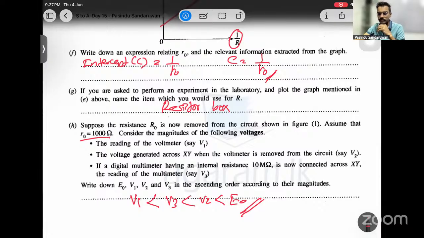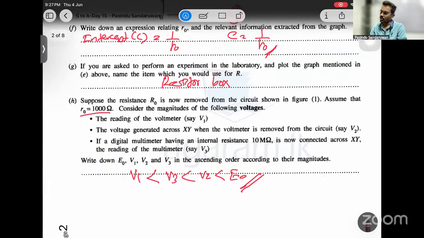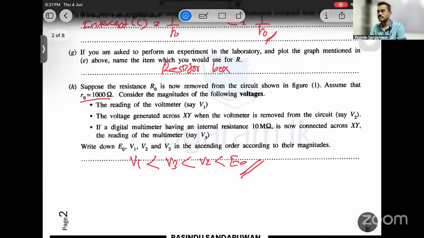Can I explain the last part again? Since the voltmeter is connected in parallel in the circuit, the higher the resistance of the voltmeter, the lower the absorption of voltage. Higher resistance of the voltmeter means a higher equivalent resistance, then lesser absorption.